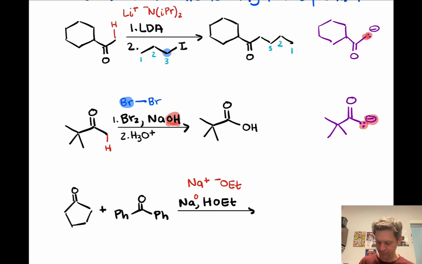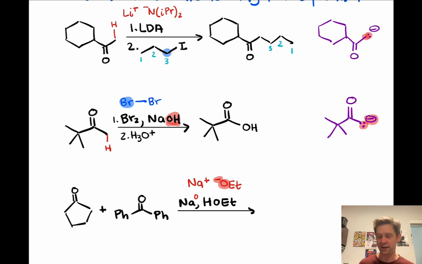OEt- is a decent base, decent enough to generate an enolate reversibly at least. And here we have only one unique enolizable position. The phenyl rings in benzophenone do not have any hydrogens at the carbons directly linked to the carbonyl group, right? Because there are benzene rings there. There are 4 bonds to carbons, a double bond and a single bond at that alpha carbon linked to the carbonyl carbon.